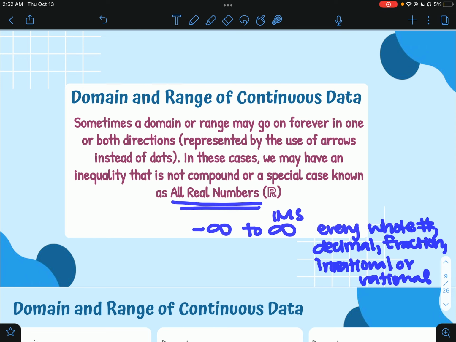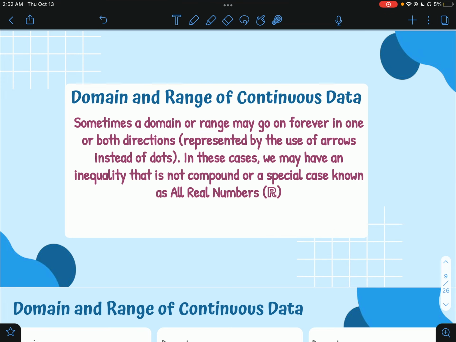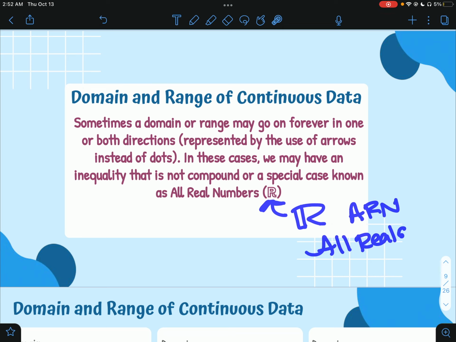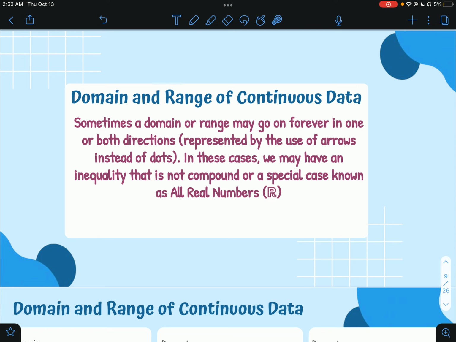So it's literally all of the numbers, negative infinity to positive infinity, all real numbers. You'll often see it denoted with this funky looking R, in which case you just draw a regular R and put a bar on the back of it, and that means all real numbers. I would accept that or writing all reals, as long as you show you know you're talking about all of the numbers.